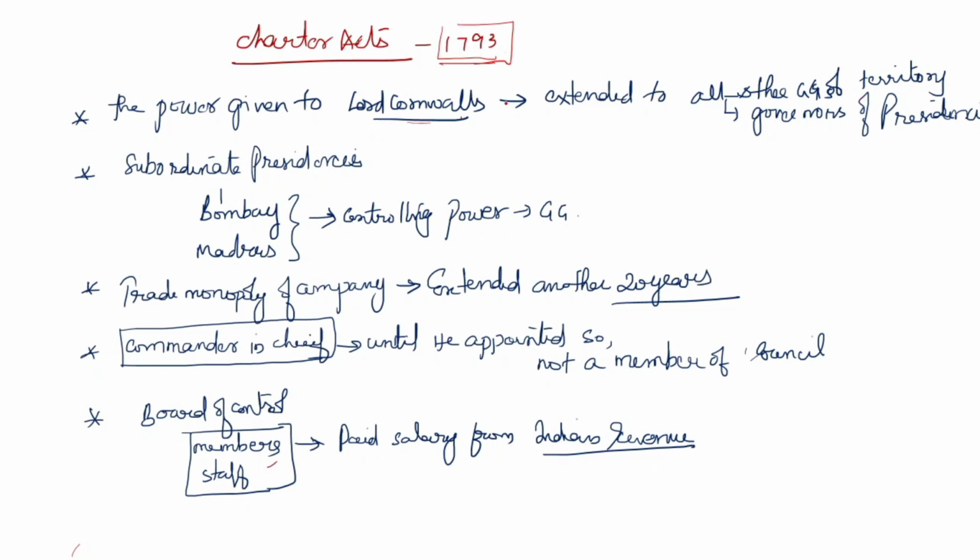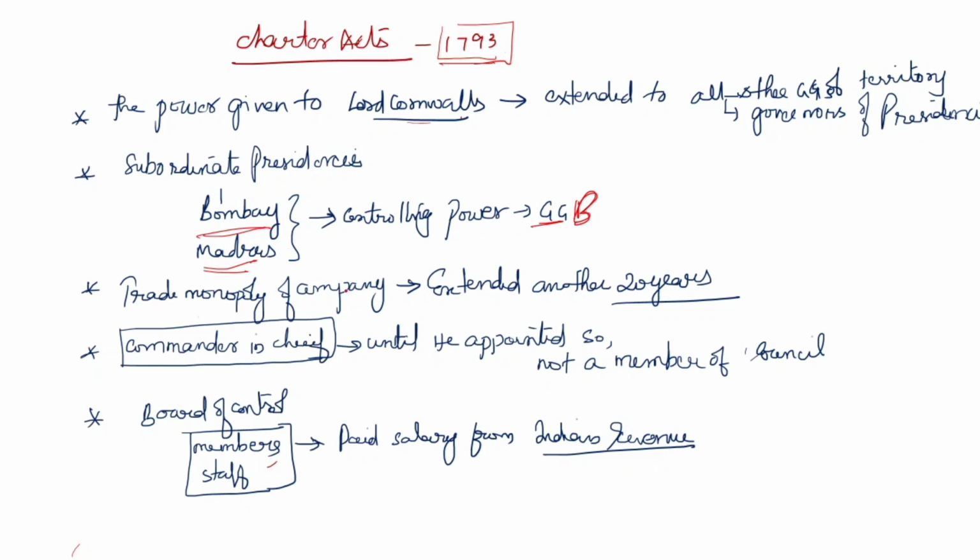That power given to Lord Cornwallis was extended to all other Governor Generals and governors of the other presidencies. The subordinate presidencies, Bombay and Madras, also came under the controlling power of the Governor General of Bengal.